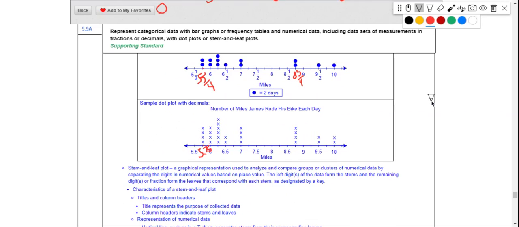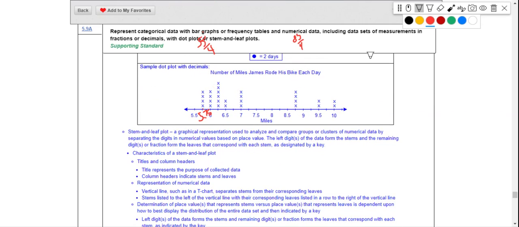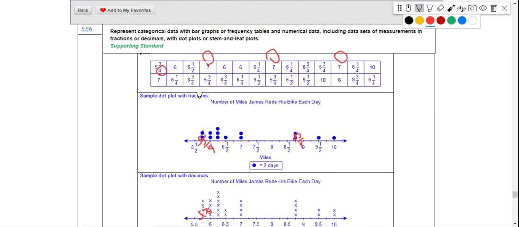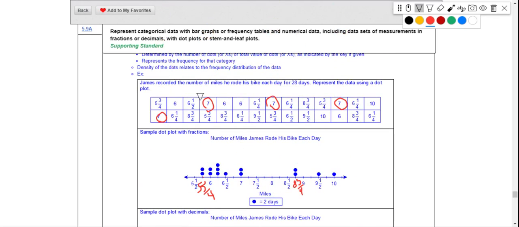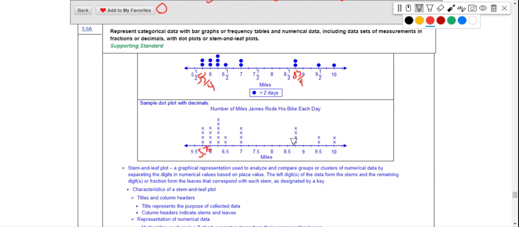Now, down here, this is also a dot plot, but you notice this dot plot is using decimals. Number of miles James rode his bike each day. Well, 5.5. How many times did he ride 5.5 miles? None, because there's no X there. Let's look back up here. Do you see 5.5? No, James did not ride his bike 5.5 miles.